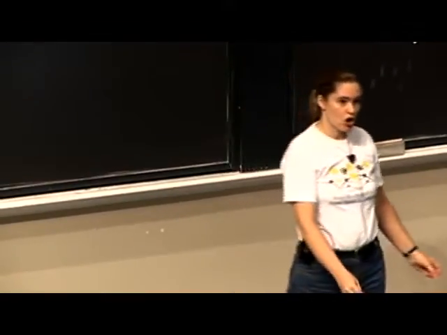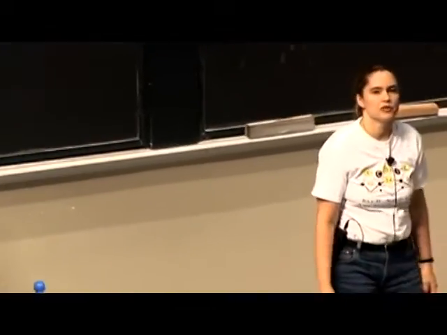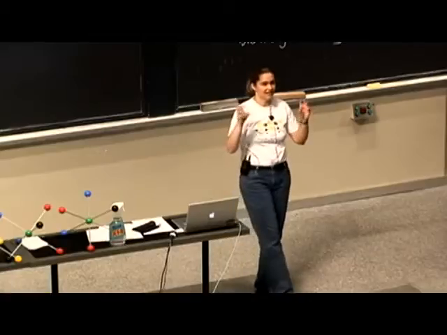So another term that you hear a lot when people are talking about coordination complexes is what's called the chelate effect. Ligands that bind to a metal at one point are called unidentate or monodentate. That's from dent, which is tooth, so one tooth.